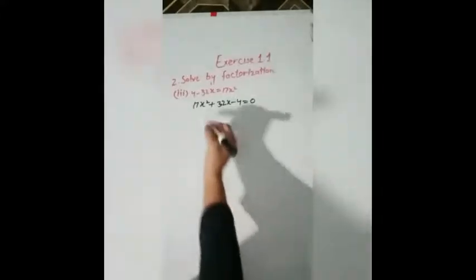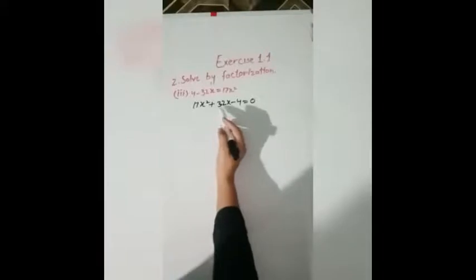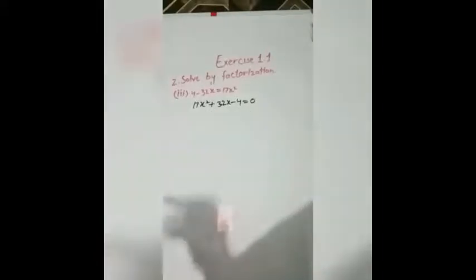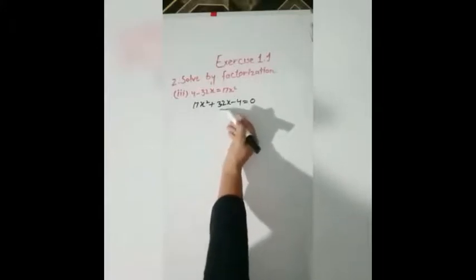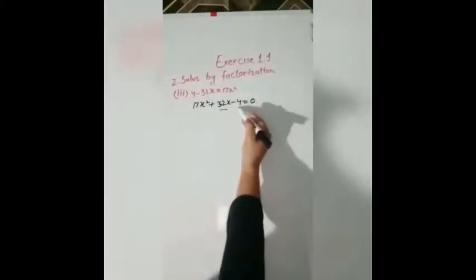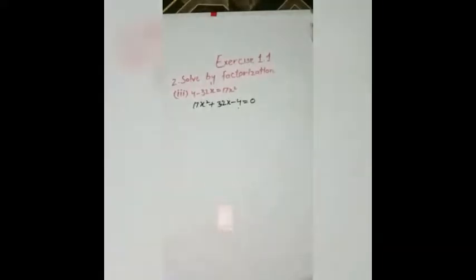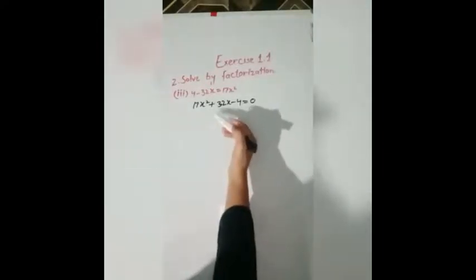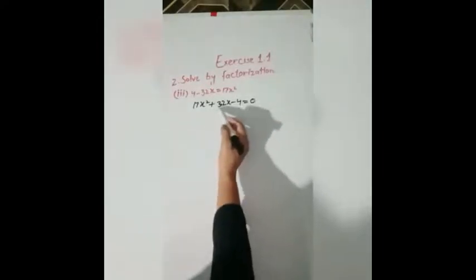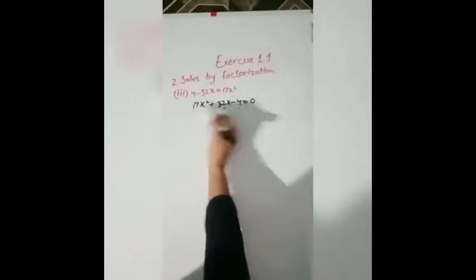Next we have to find some numbers r and s whose summation is equal to this one and product is equal to the product of this and this.